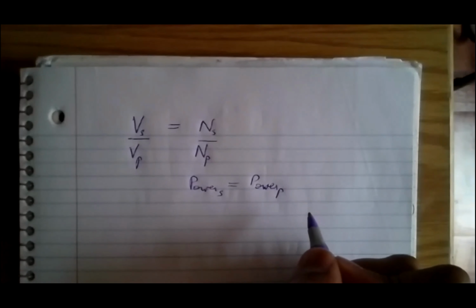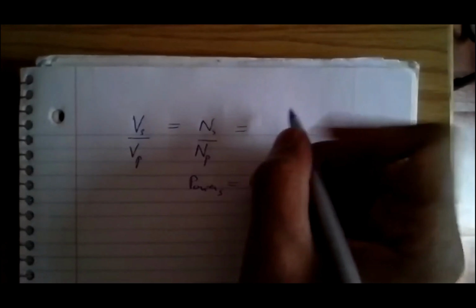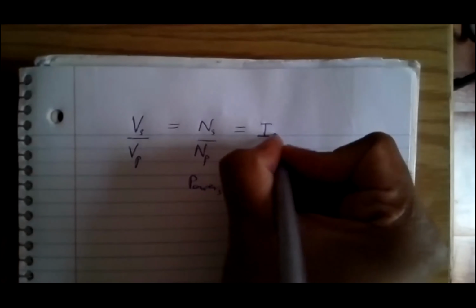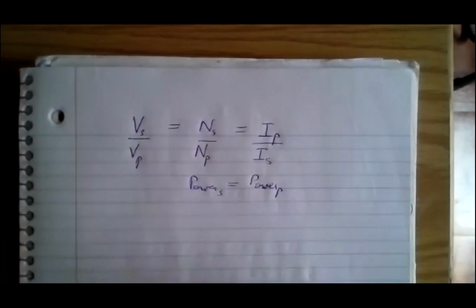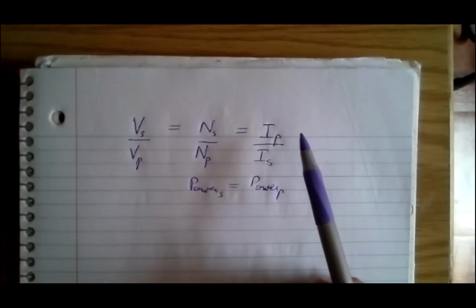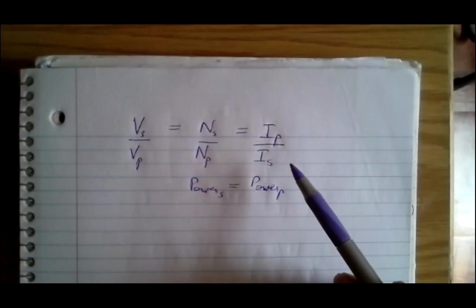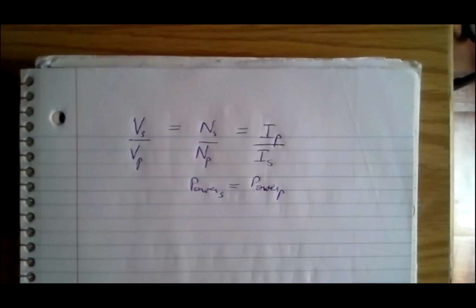So the current goes inversely compared to the voltage: I primary over I secondary. When the secondary voltage is higher than the primary voltage, the secondary current will be lower than the primary current.